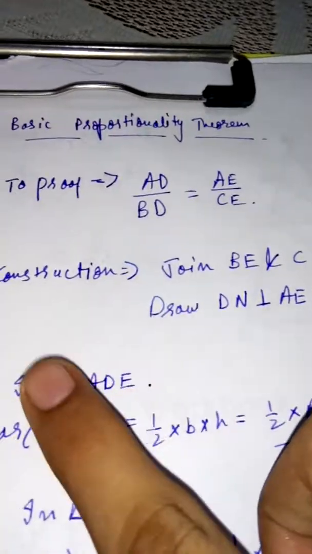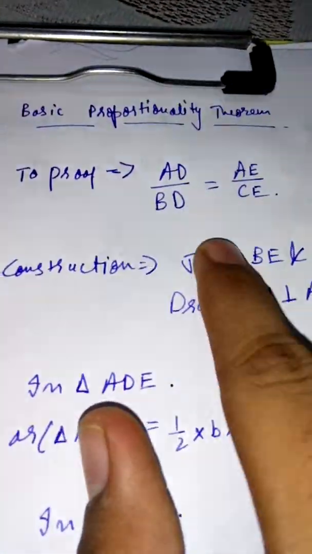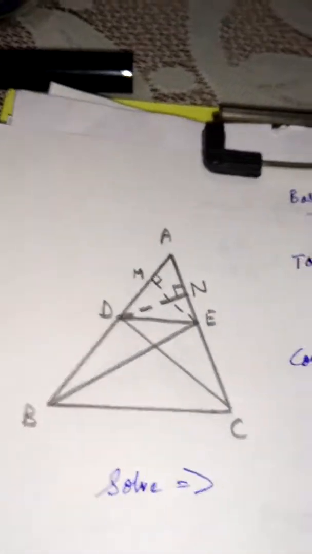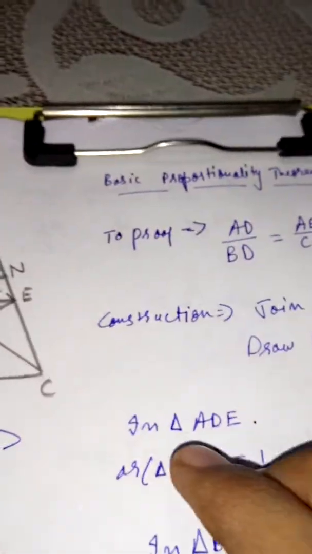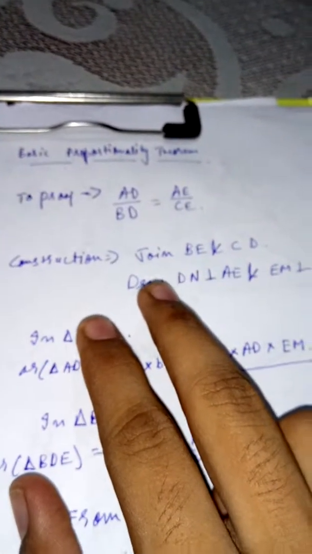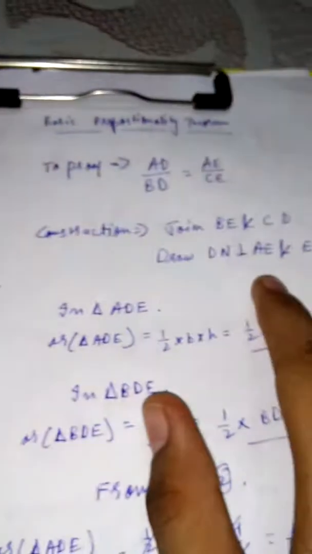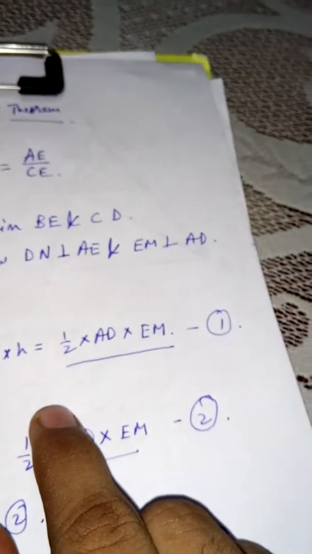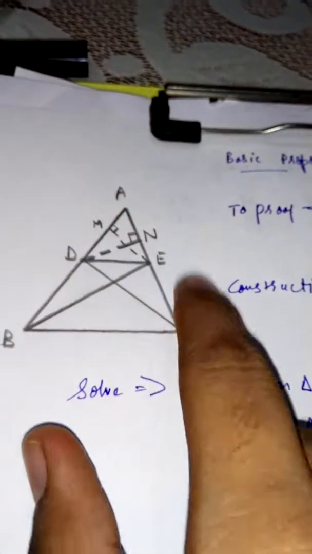So in To Prove we write the basic proportionality theorem, which states that AD upon BD is equal to AE upon CE. Then we write the construction: join BE and CD, draw DN perpendicular to AE and EM perpendicular to AD.